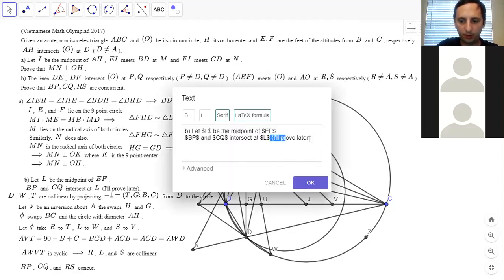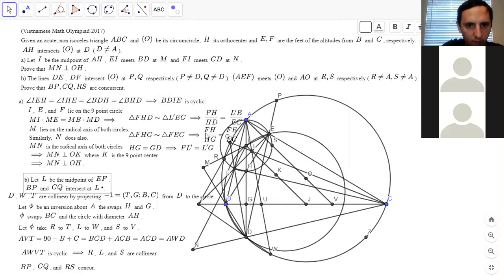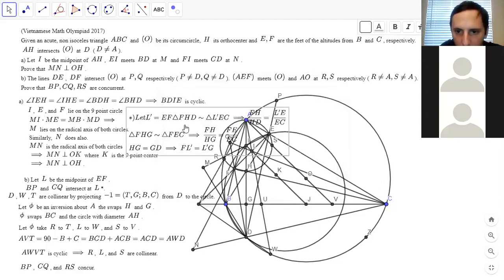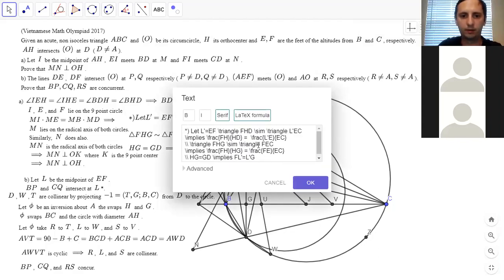So I could put a star by this. And so I'll say let L prime equal QC intersect EF.